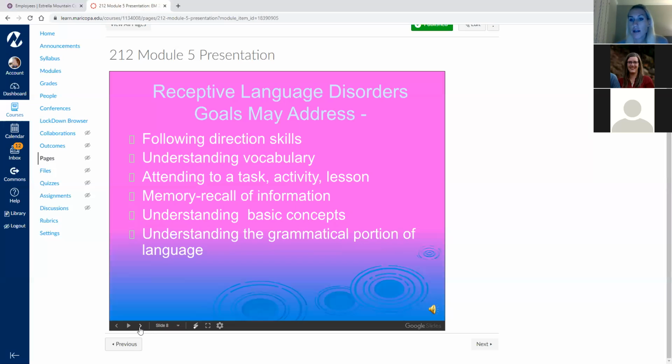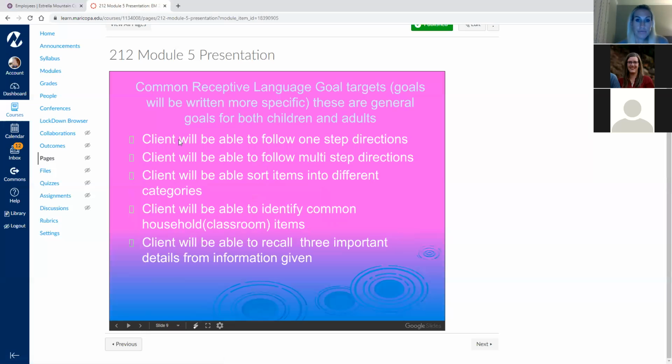A lot of those basic prepositions are the basic concept words that we're targeting in our goals. And then understanding the grammatical portion of language. Definitely all of those components are important for receptive language. And here's some more. You'll see some of these.